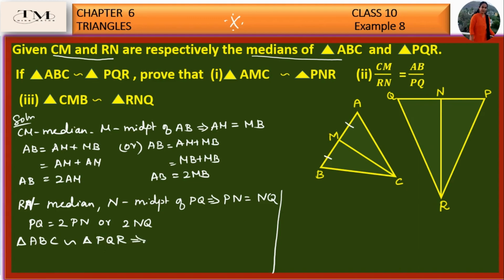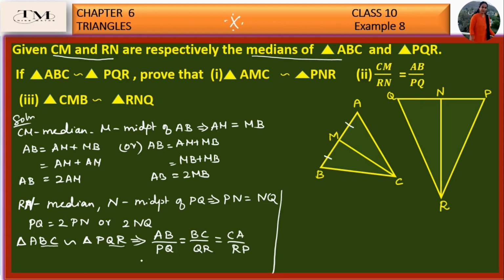If this is similar, then their corresponding sides will be proportional and their angles will be equal. What are their corresponding sides? AB by PQ will be equal to, if I take BC, I should take QR, so BC by QR, which will be equal to, if I take CA, I should take RP, so CA by RP.